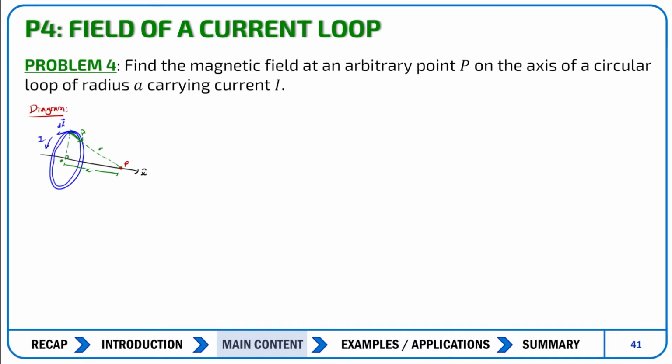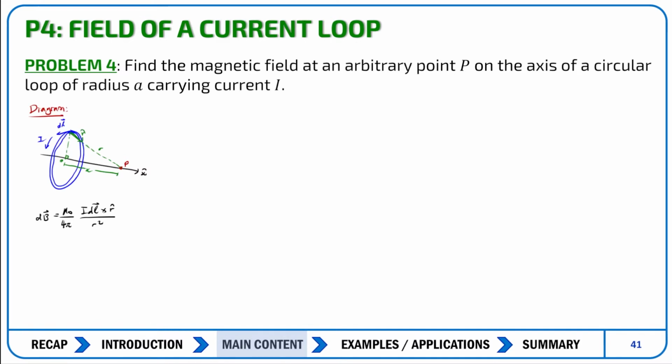So a few notes. The Biot-Savart law is going to determine the field at P, but we have to first identify the vectors dl and r because they appear in the law. So just remember that dB, the Biot-Savart law, is equal to mu naught over 4 pi, I dl crossed with r hat over r squared.